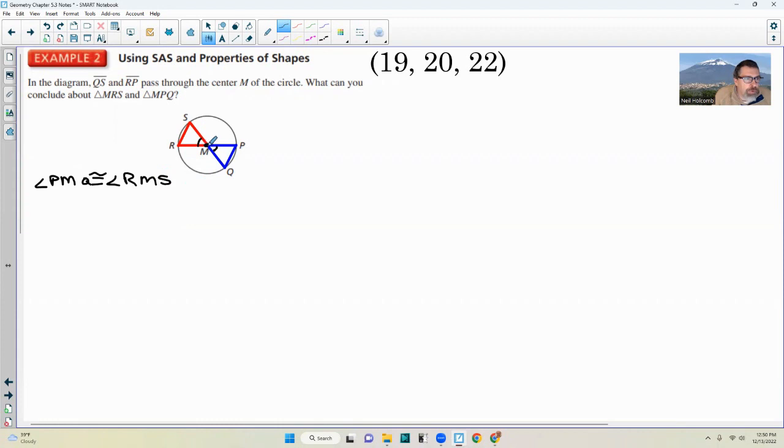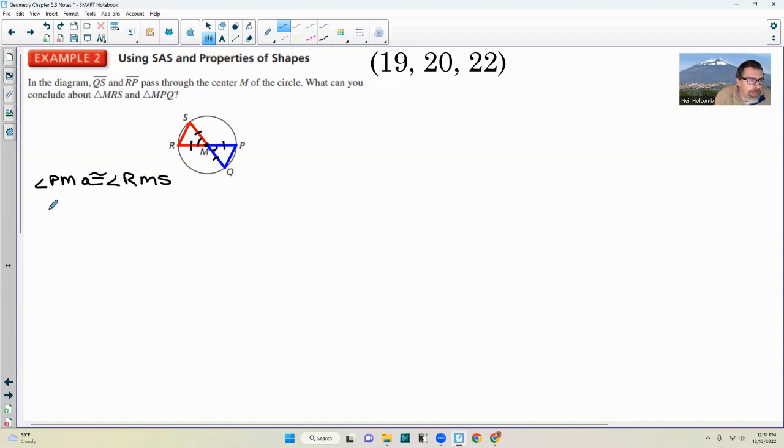So I know those two angles are congruent because they're vertical. And all points on a circle are the same distance from the center, which means the segment MS is congruent to the segment MQ. So I can say that. MR is congruent to MP.